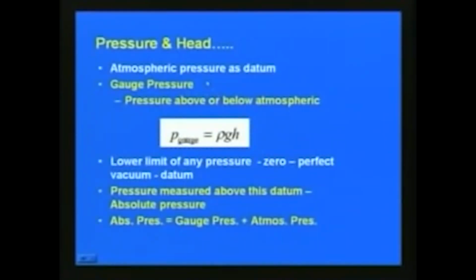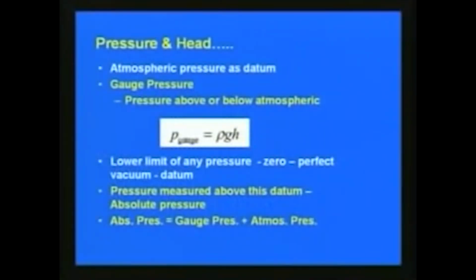If we consider the atmospheric pressure as datum, then the pressure above or below atmospheric is called the gauge pressure. So, if we consider the atmospheric pressure as 0, or the datum, then we can define the gauge pressure as the pressure above or below atmospheric pressure.